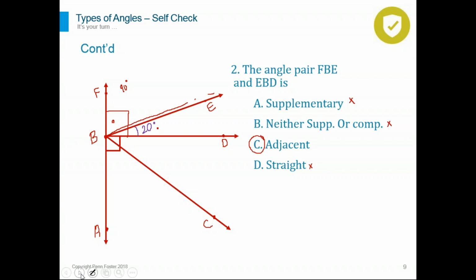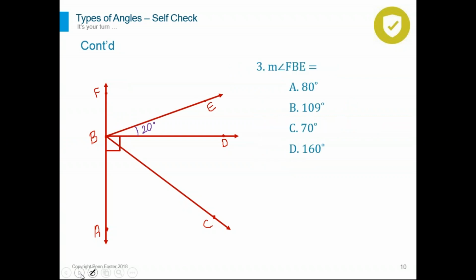Let's do the next question, and it's going to be on the same figure. The measure of angle FBE. So they're trying to make us calculate the measure of this angle. Well, we know in the previous question that these two angles are a complementary pair.